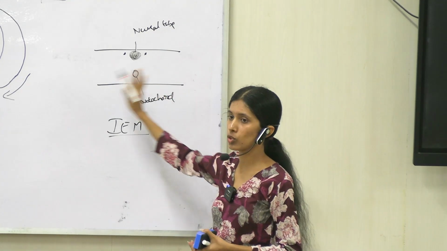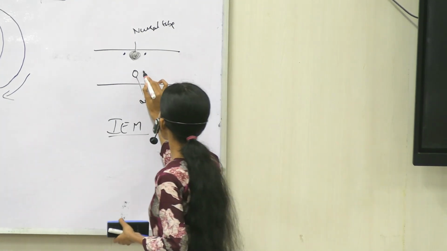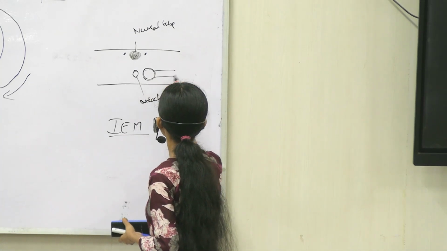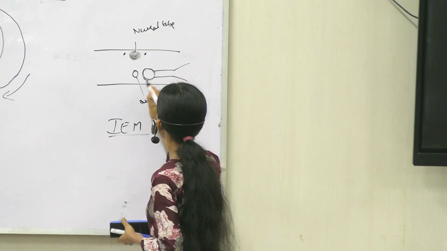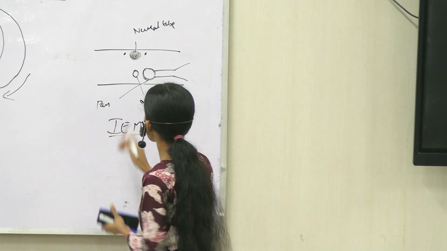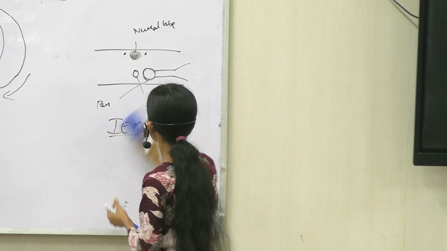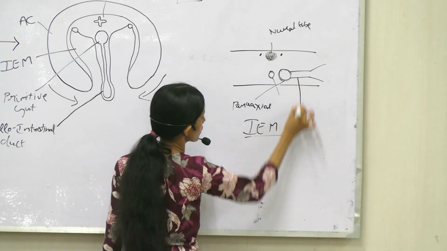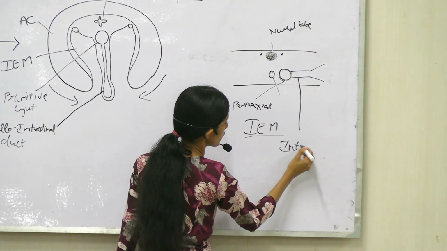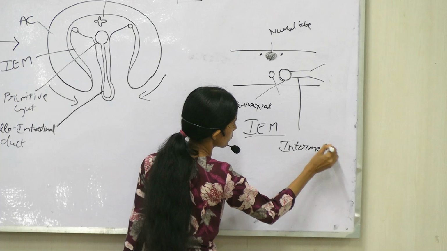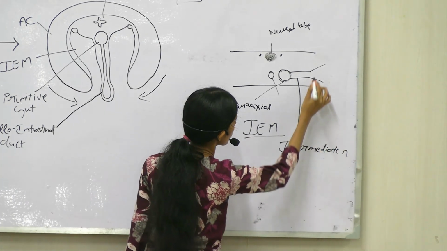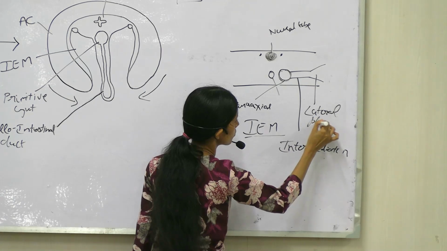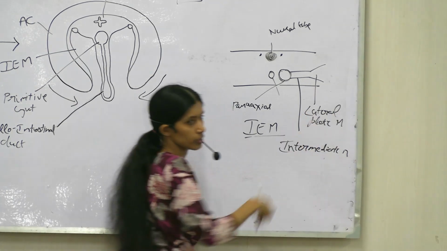It is present next to your notochord region. So first I can say this is paraaxial. This is paraaxial. This is intermediate mesoderm, and this part is lateral plate mesoderm.